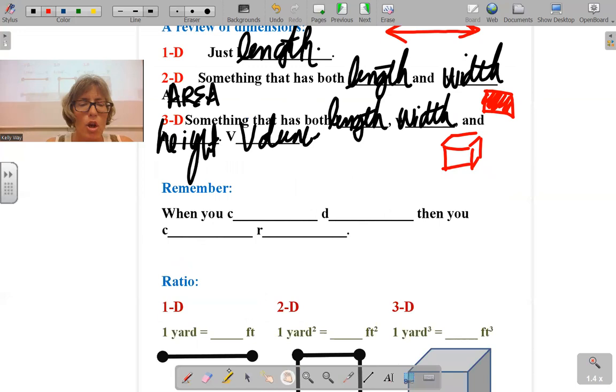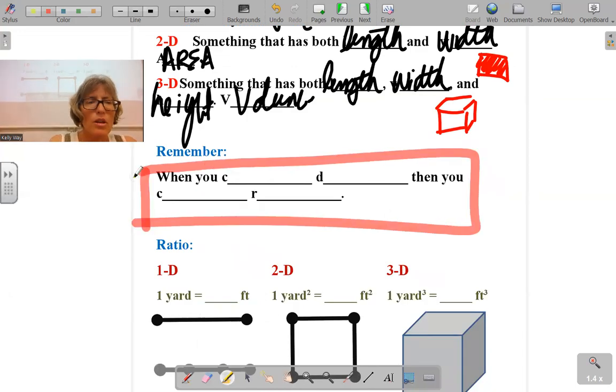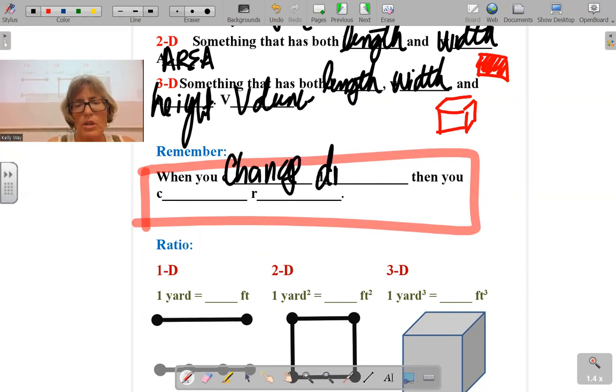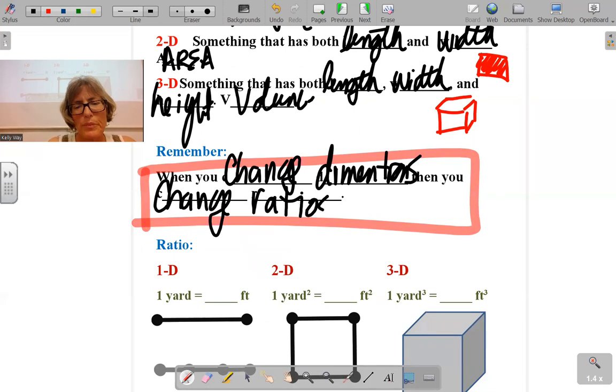Here's the key concept with this. When you change your dimensions, you change your ratios.